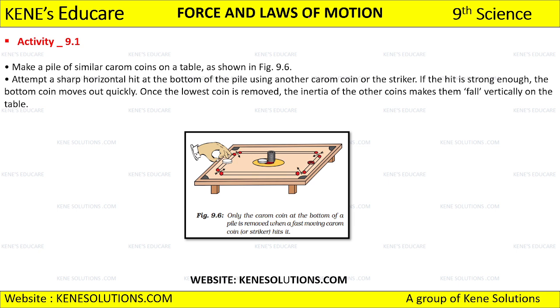After that, we need to attempt a sharp horizontal hit at the bottom of the pile using another carom coin or the striker, like the striker that we normally use.